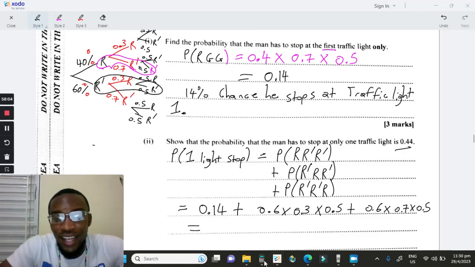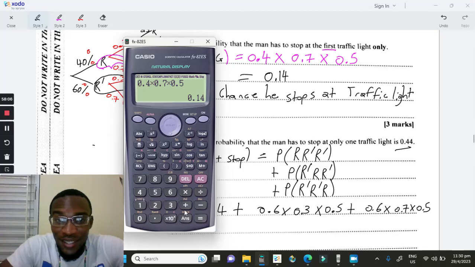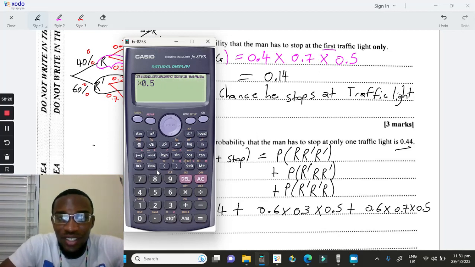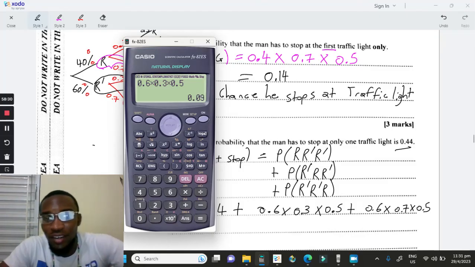That's what they're saying. So let us do it. I'm going to work each of them out separately so you can actually see it. 0.6 times 0.3 times 0.5 is 0.09.